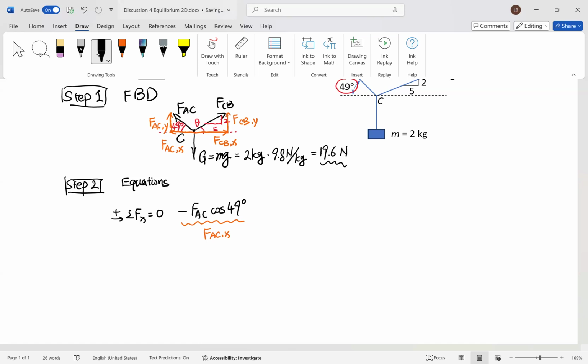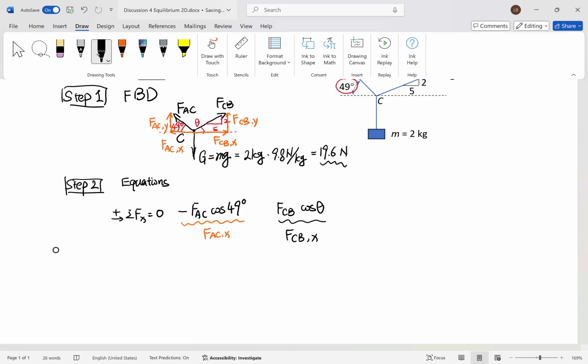So the adjacent equals the hypotenuse FCB times cosine of theta. That will be our FCBX. Simply, adjacent equals hypotenuse times cosine of theta.